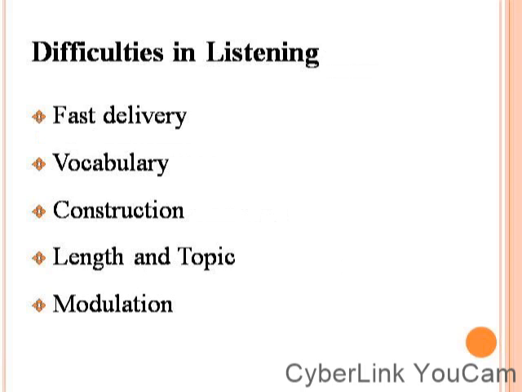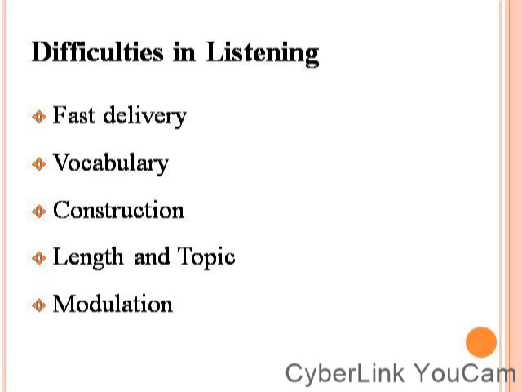Difficulties in learning. Fast delivery. It divulges how many people are there in the conversation and how fast they speak. Vocabulary. It recounts the inability of listeners to understand the vocabulary in listening. Construction.